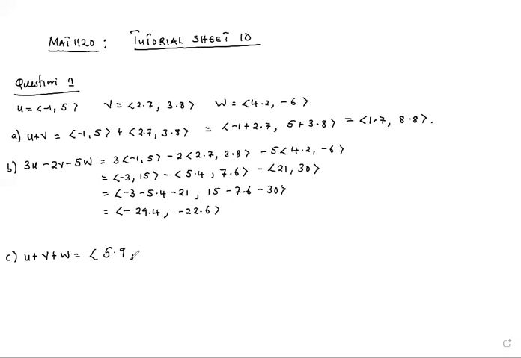Then 5 plus 3.8 minus 6, giving us 2.8. Since we have shown the calculations there, any question for question 1? We are moving to question 2.